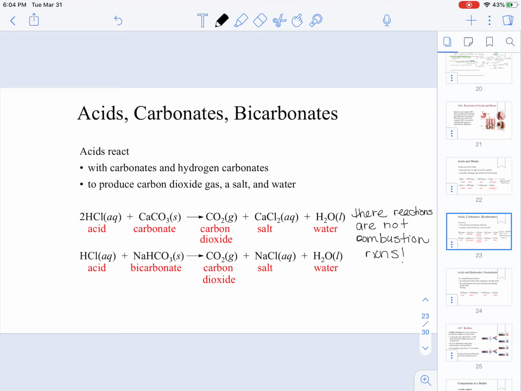The reason why we have CO2 and water forming is because these reactions are double displacement reactions, or double replacement reactions, followed by decomposition.